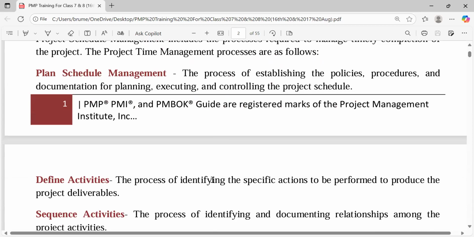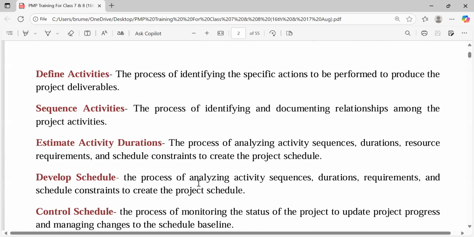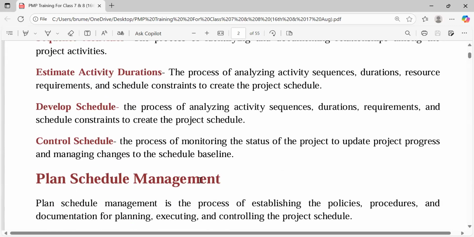We acquainted ourselves with plan schedule management. We talked about define activities. We talked about sequencing activities and estimating activity duration. And we also introduced develop schedule and control schedule. And today we would be starting with develop schedule.